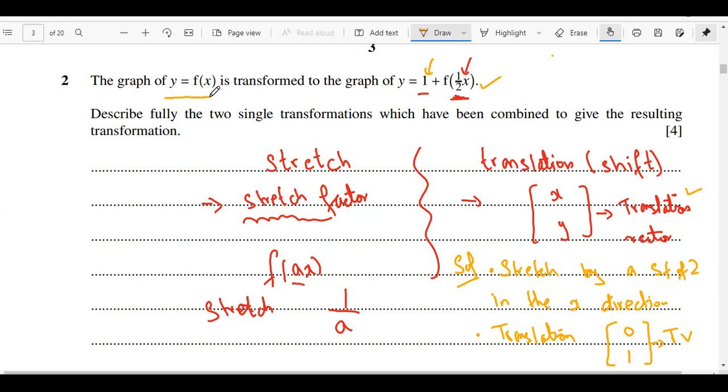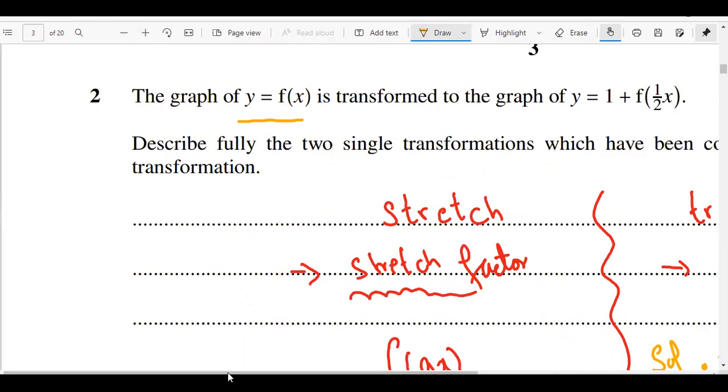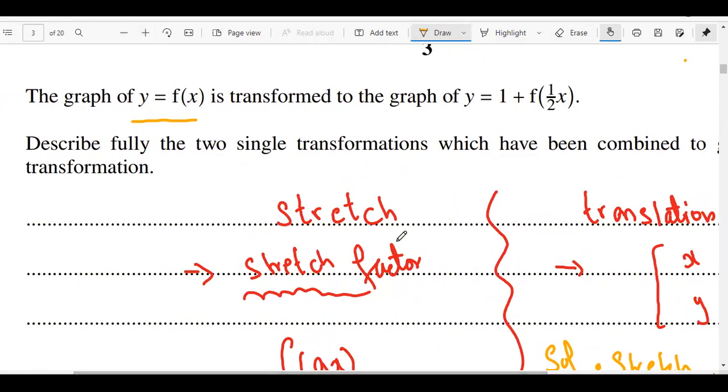So this is what you had originally, and this is what you have now. What exactly has happened? Forget about everything. You should know that in AS maths or in P1 you just have two types of transformation: stretch and translation. If you are adding or subtracting something, that comes under translation. If you are multiplying or dividing something, that comes under stretch. Whatever is happening with y is going to stay like this.